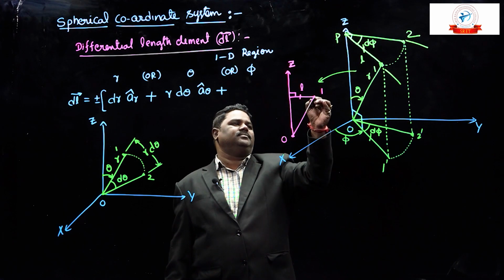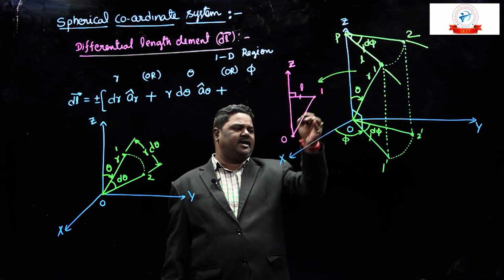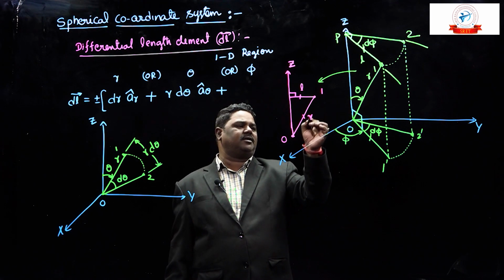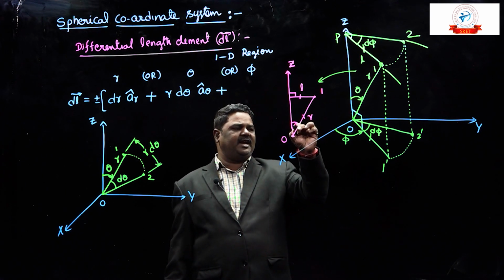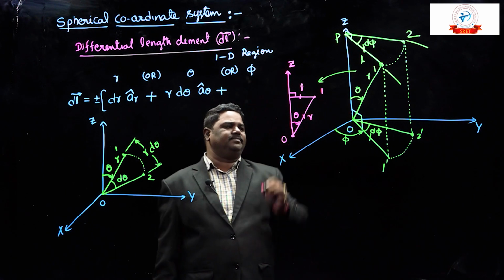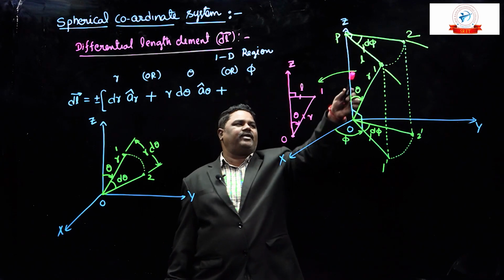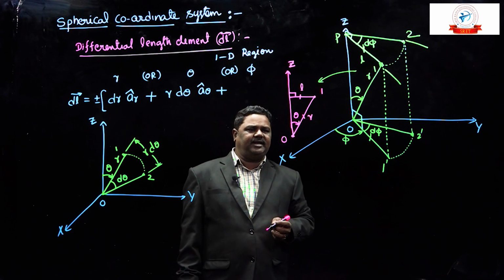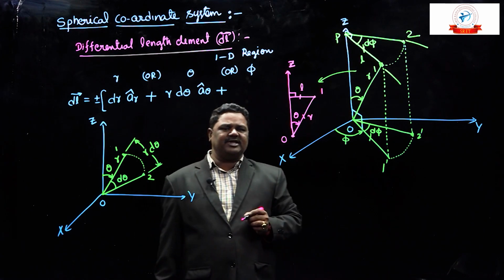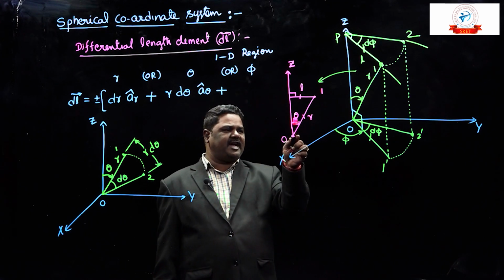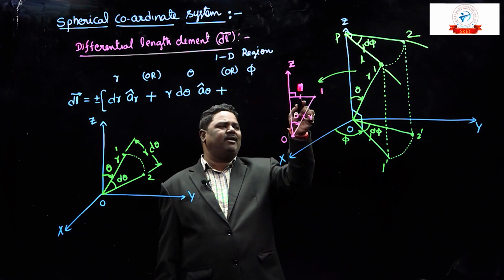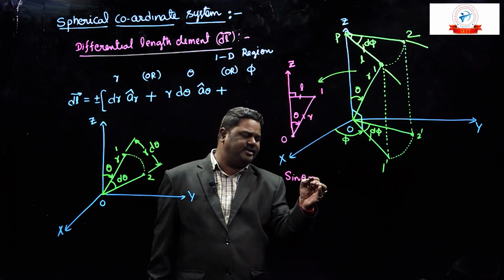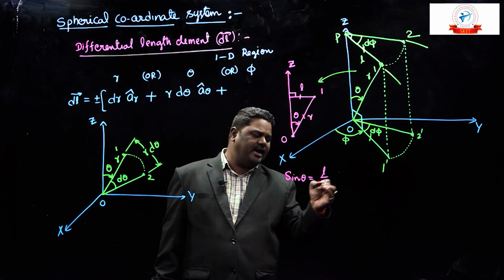The radial distance from the origin to point 1 is nothing but R, and this vertical angle is nothing but theta. So I have rewritten this triangle here. Just observe this triangle. From this triangle, can you tell me what is sine theta? Sine theta is nothing but L by R. I write sine theta equals L by R.